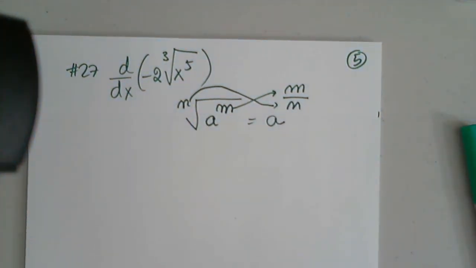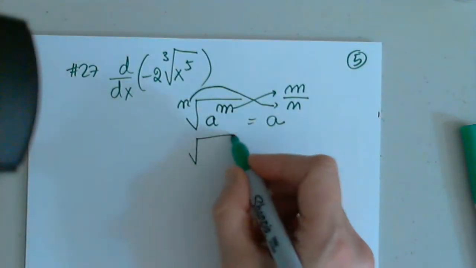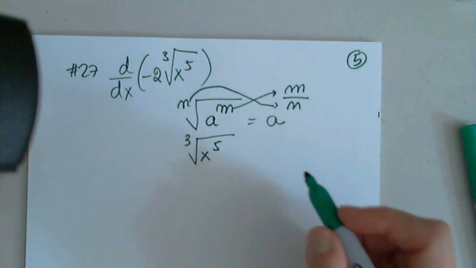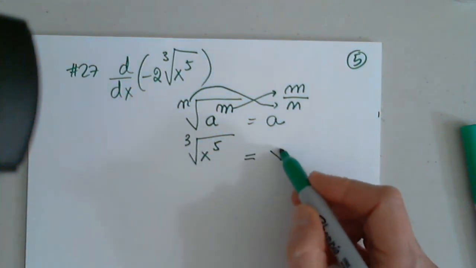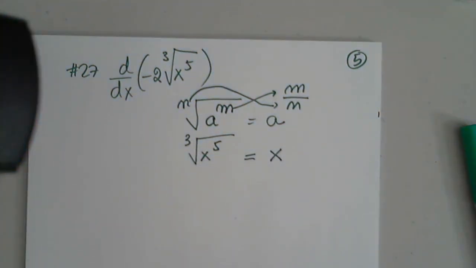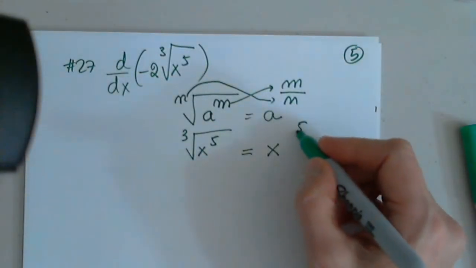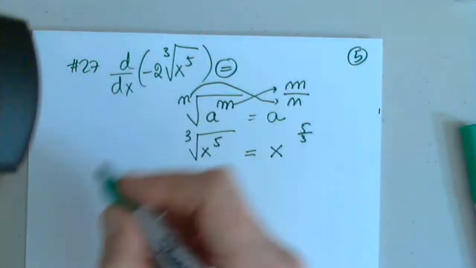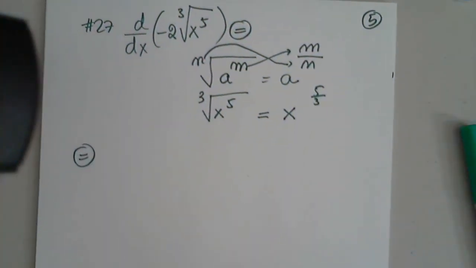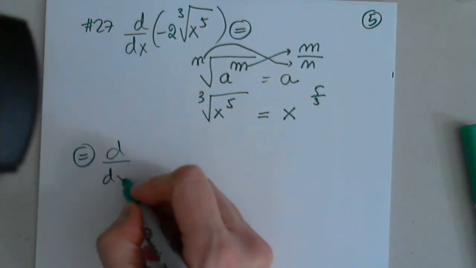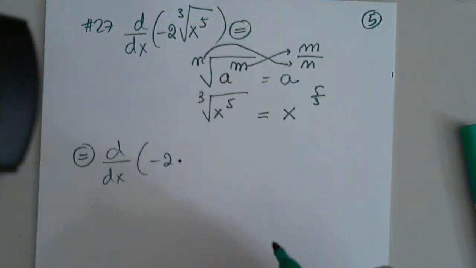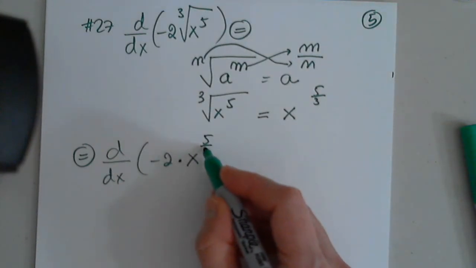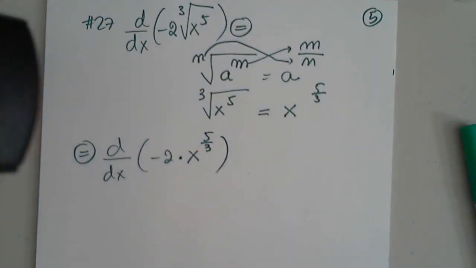So when I see the cube root of x to the fifth, I will change it into x to which power? 5/3. Very good. So I will change it back in here. I'm continuing here. So this is the derivative with respect to x of -2 multiplied by x to the 5/3.